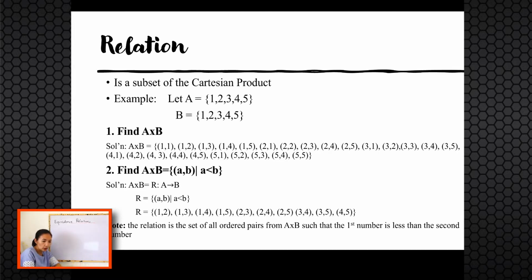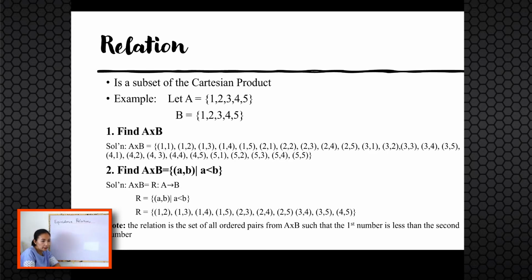So it's a set of ordered pairs. If we get any subset of that set, then we can have a relation.